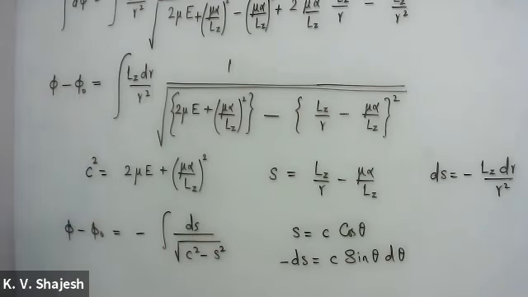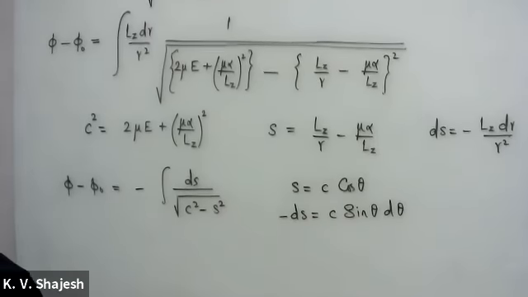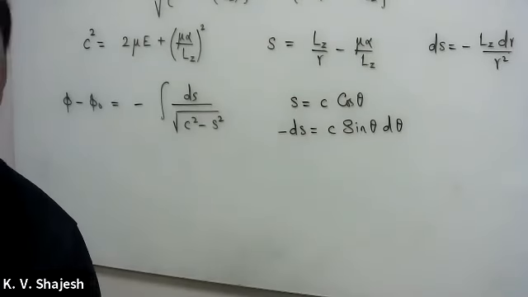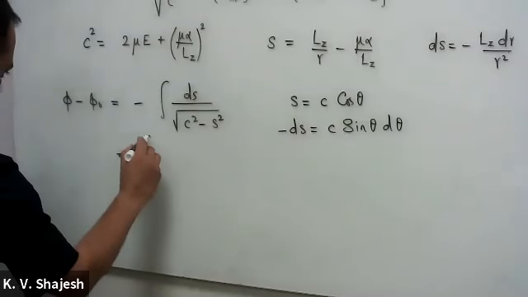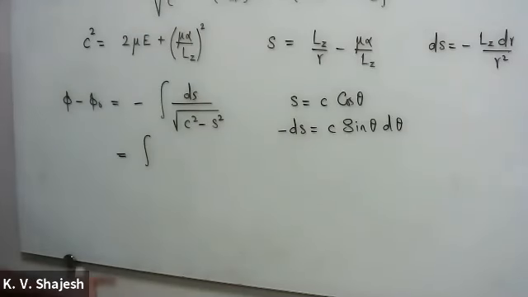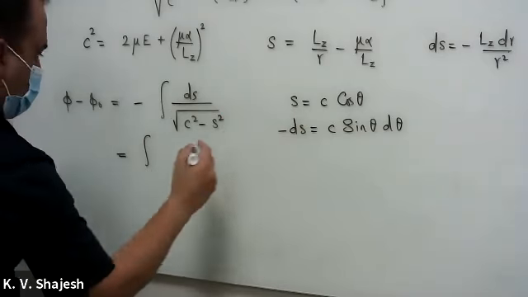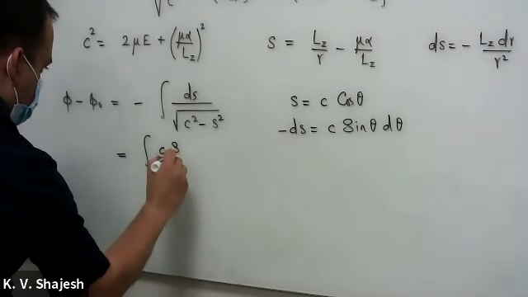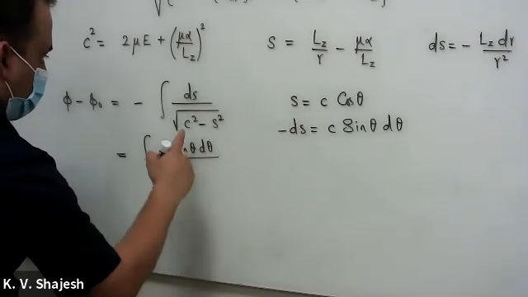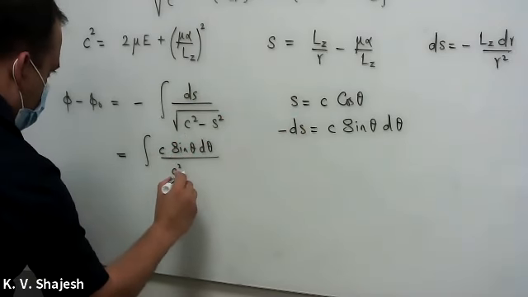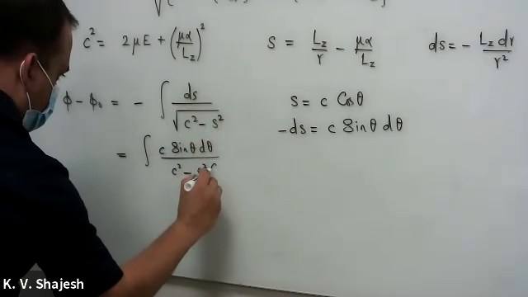The need for such a substitution is that you will see it immediately. It's an indefinite integral. So minus ds is c sine theta d theta, and the denominator is c squared minus s squared, which is c squared cosine squared theta.